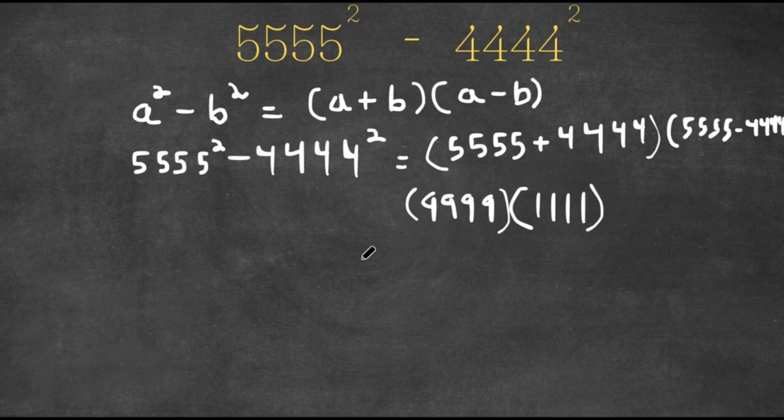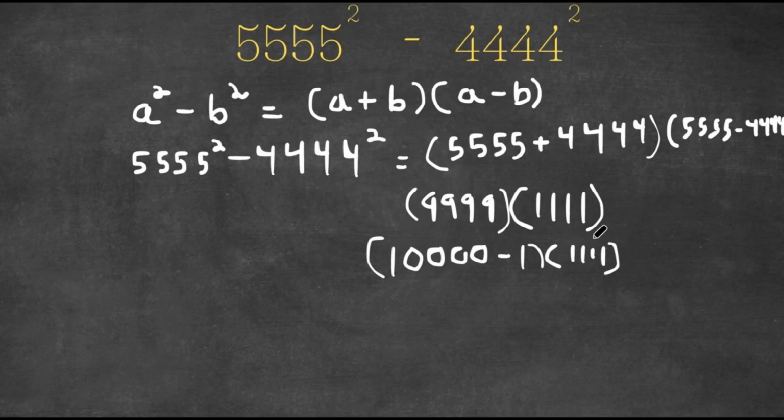Now 9,999 is the same thing as 10,000 minus 1. So now we have 10,000 minus 1 times 1,111. And now, using the distributive property, we can distribute the 1,111 to both terms. So now 1,111 times 10,000 is simply 1,111 with 4 zeros. So 1, 2, 3, 4.